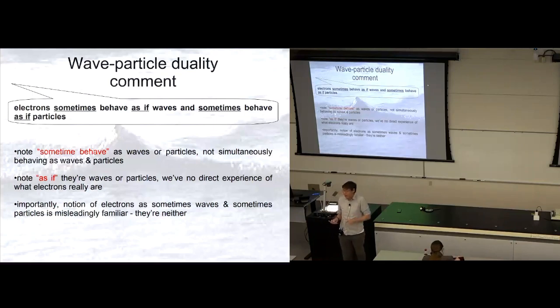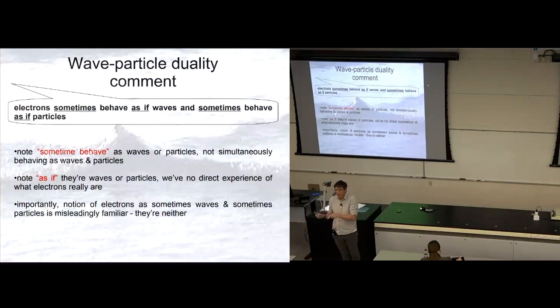It either behaves as a wave or it behaves as a particle. So that's one point. Also, I say as if it were a particle, or as if it were a wave. The electron behaves as if a particle or a wave. The photon behaves as if a particle or wave.